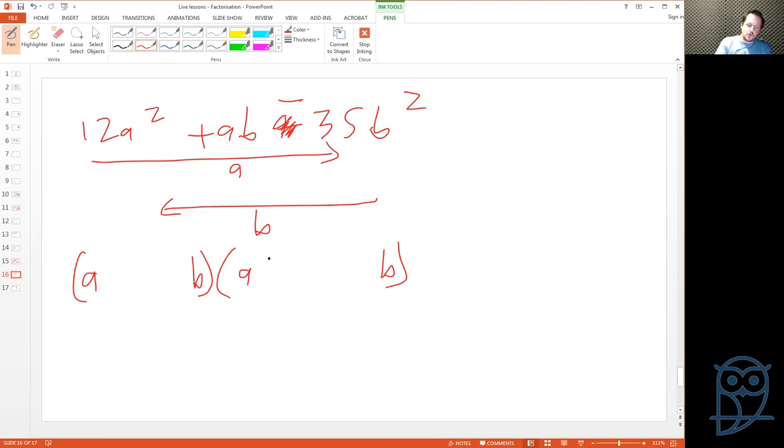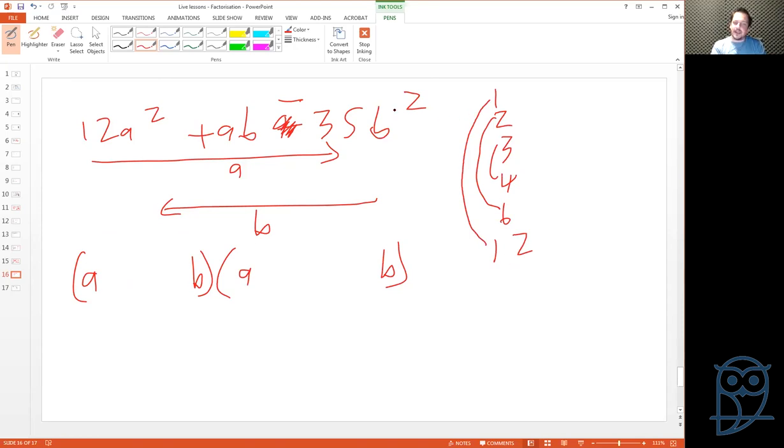And we just then need to check what numbers are in front of the A and what numbers are in front of the B. So we're going to have to look at factors of 12. All right, 1, 12, 2, 6, 3, 4.